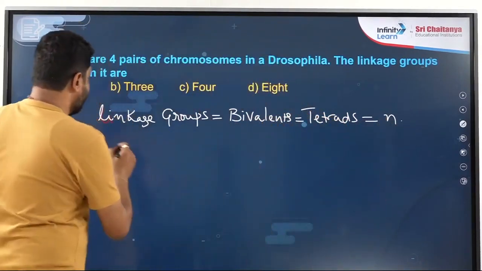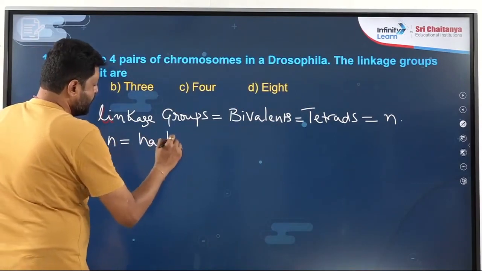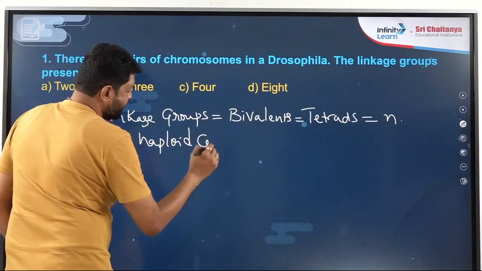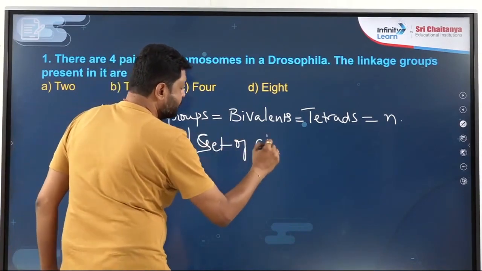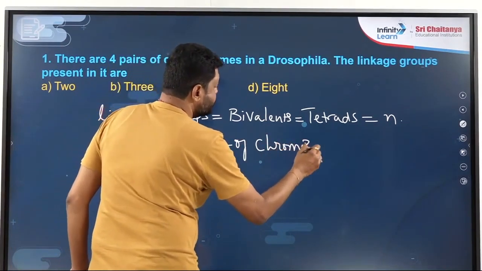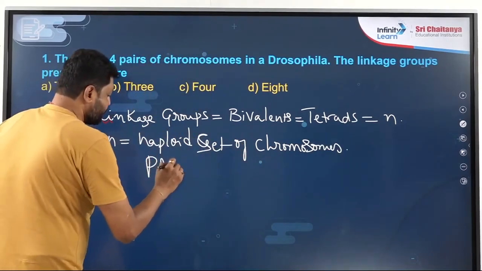The n indicates the haploid set of chromosomes present in a gamete.